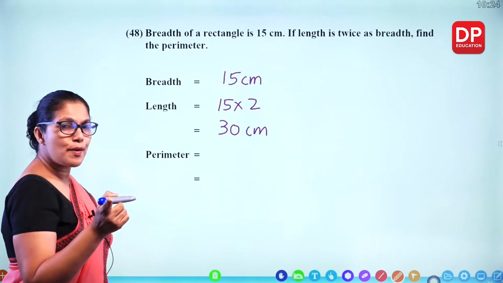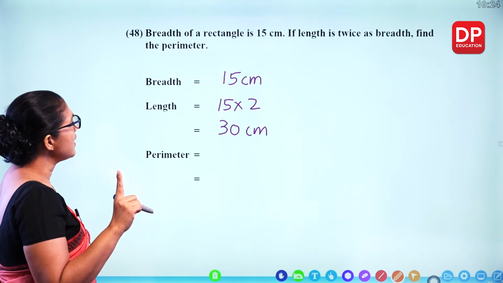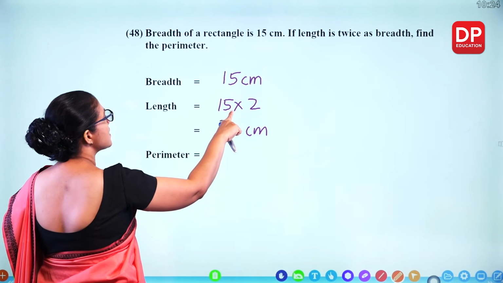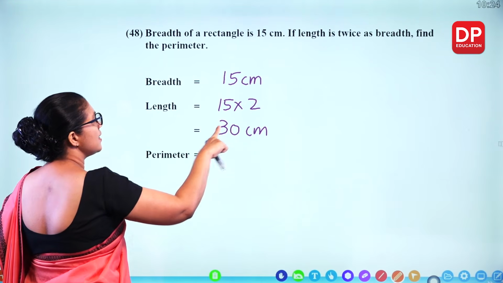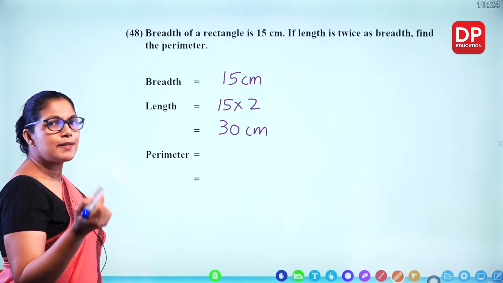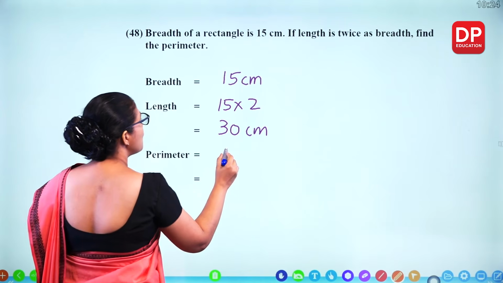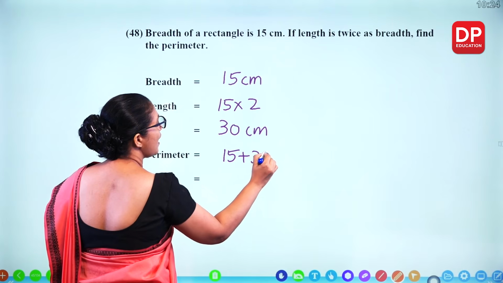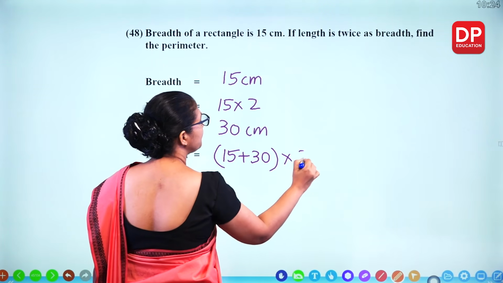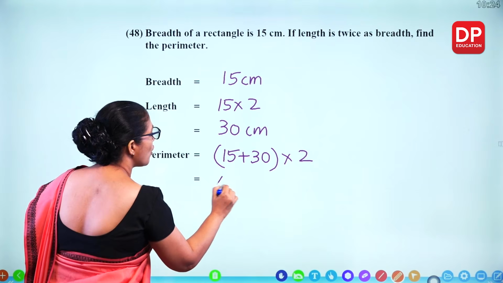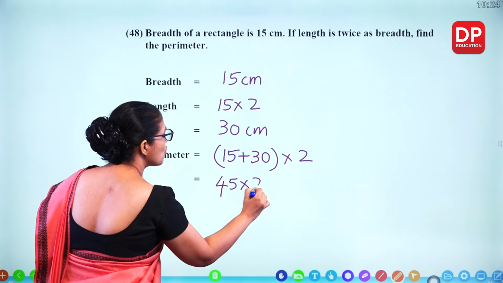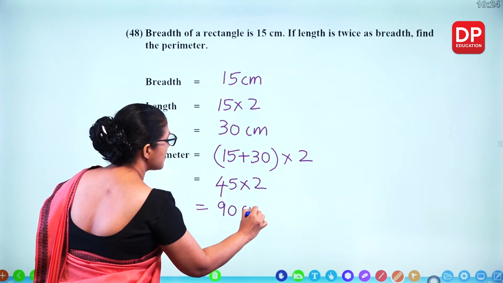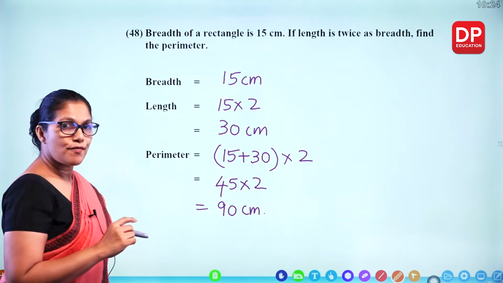So how do we find out the perimeter of a rectangle? 15 plus 30, again 15 plus 30, or multiply by 2. First we'll do 15 plus 30 and then multiply by 2. So you get 45 here. 45 times 2, 90 centimeters is the perimeter of the rectangle.